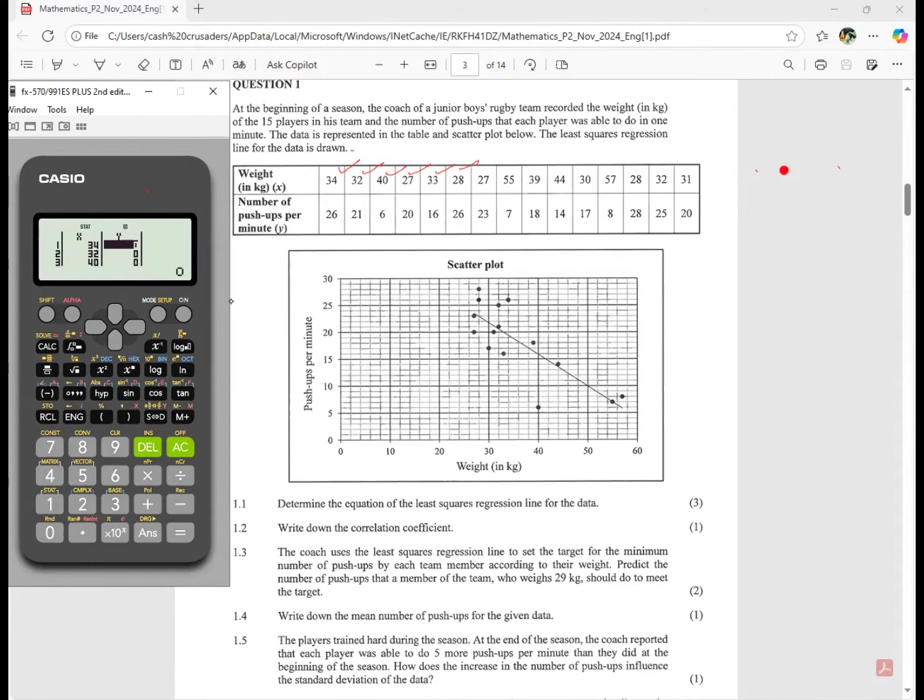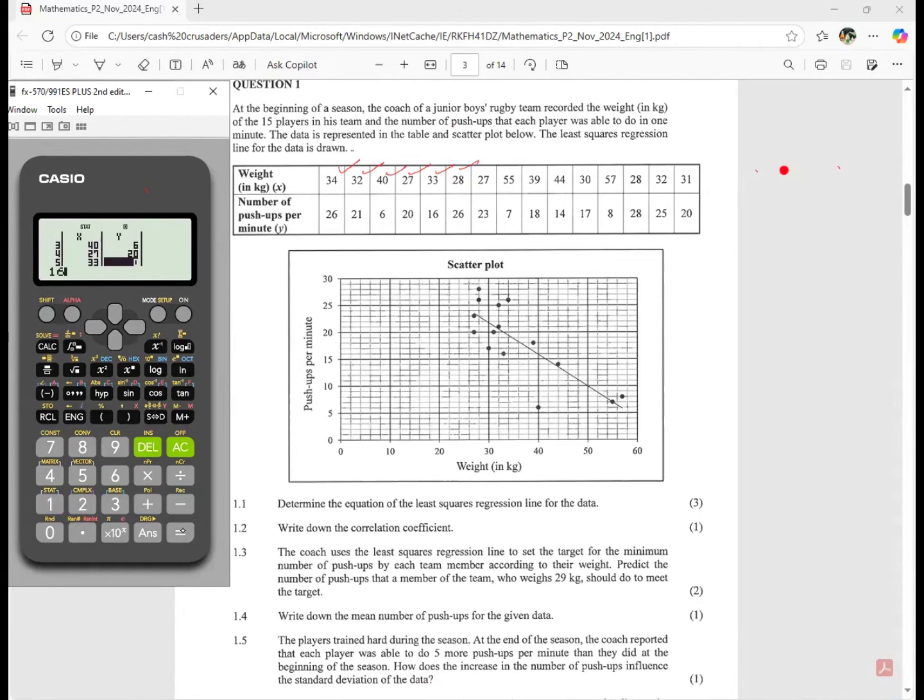Now let's come over to the y values. We have first the 26, and then followed by 21, 21, then followed by what? 6. And then we have a 20. Then we have a 16. Whoa, 20. Let's put in 20. Enter 20.